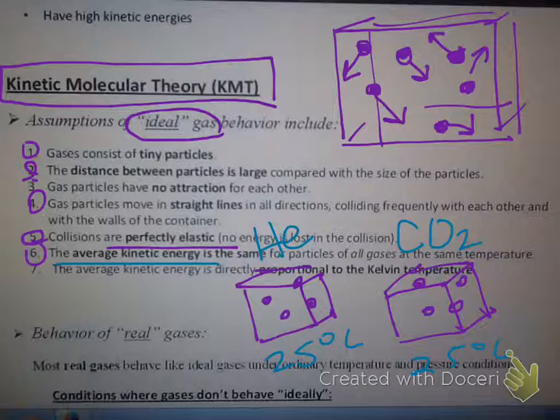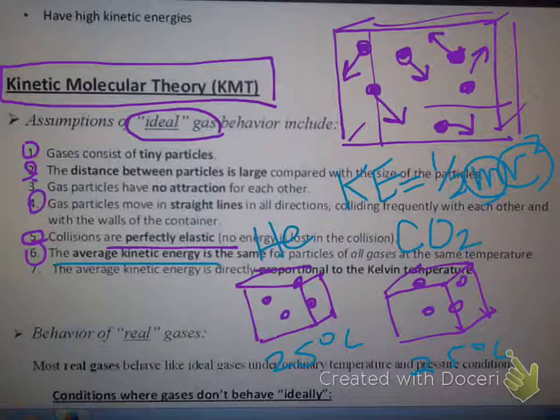Not necessarily. Remember that kinetic energy equals 1/2 mass times velocity squared. 1/2 mv squared. m is the mass, and v is the velocity or rate, how fast the particles move.